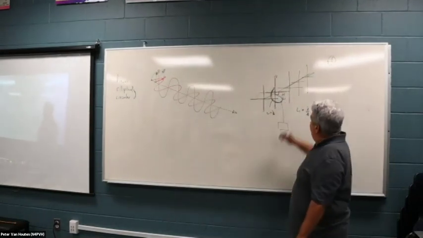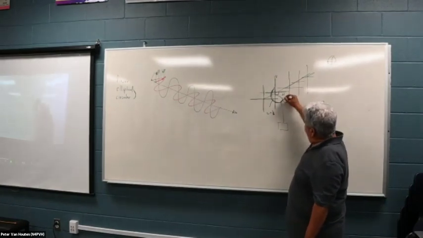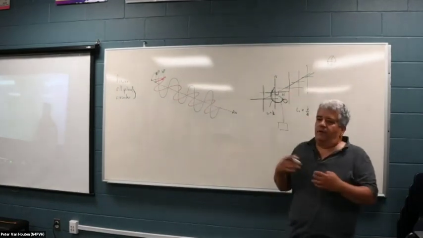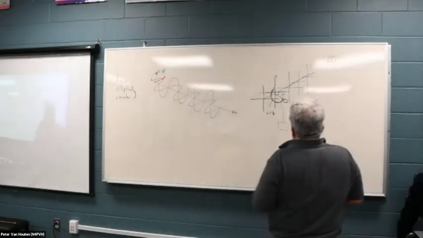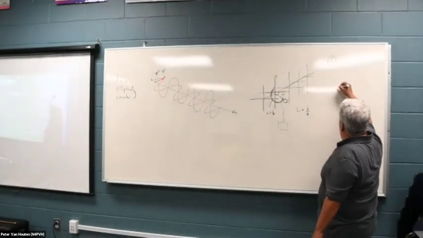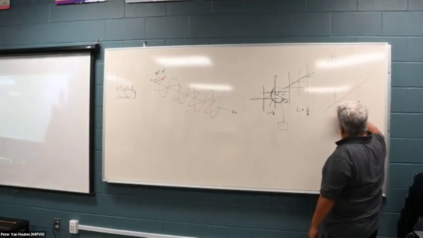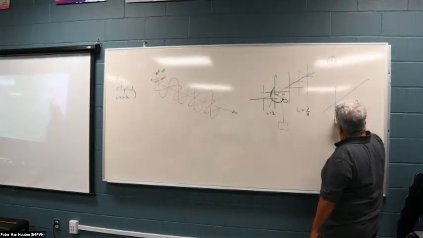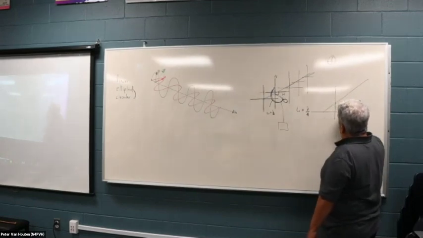Or I can just have a way to insert some extra length of line that will get me that difference of a quarter wave. The other way to do this is simply I build my antennas, and if this is the reflector of the vertical portion, the reflector of the horizontal portion is going to be here.